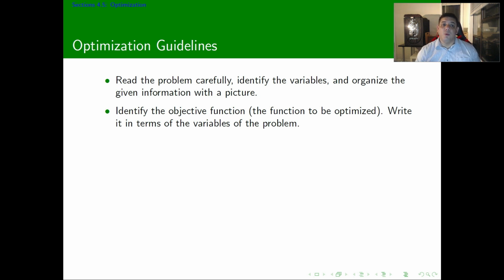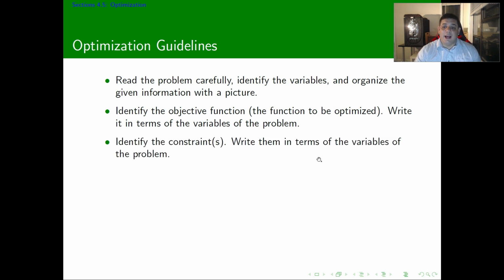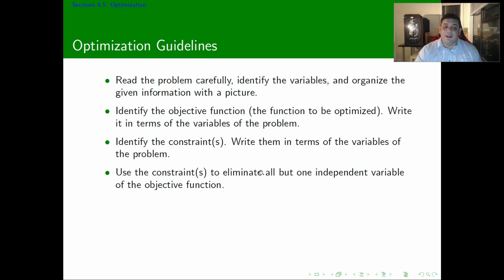Sometimes we have one or more variables, but we need to make sure we identify constraints, so things that are going to limit our problem, and then use the constraint to eliminate all but one independent variable in the objective function.